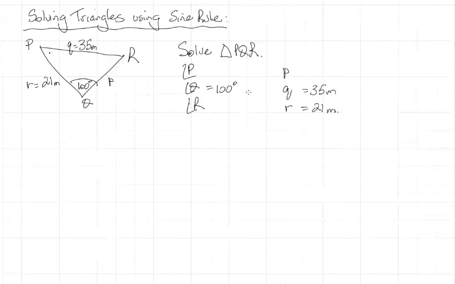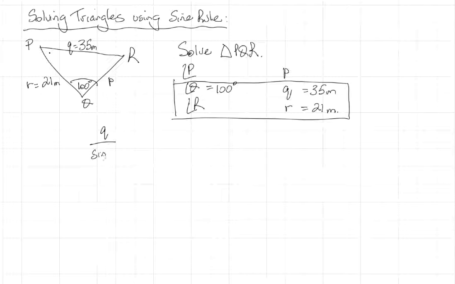In the sine rule, you need to have 3 of the 4 pieces of information. So if we have a look here, we've got 3 of the 4. So we're going to use Q over sine Q is equal to R over sine R. So we quote the rule first.